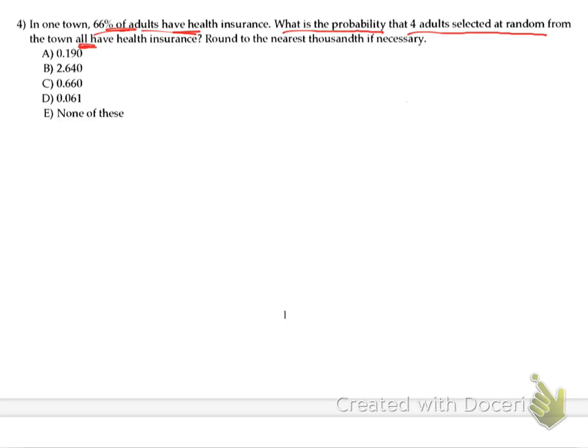They're really saying you ask 4 adults at random, and all 4 say yes, yes, yes, yes. 4 yeses in a row. So it's the probability of yes, and yes, and yes, and yes.